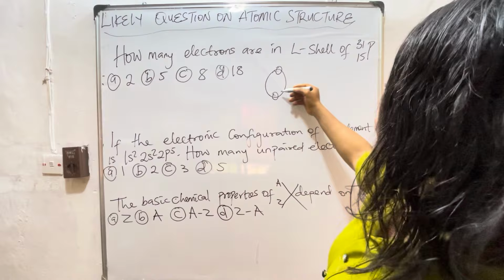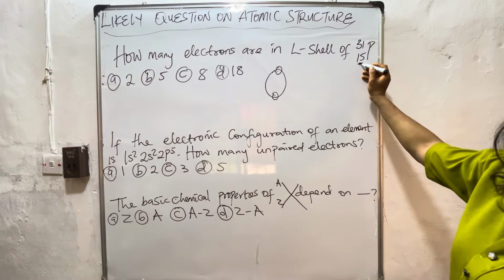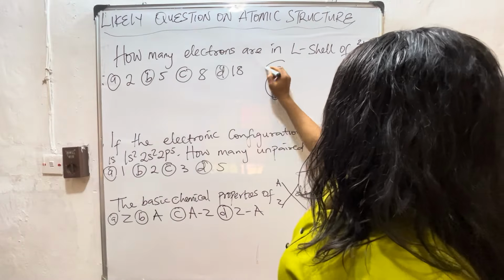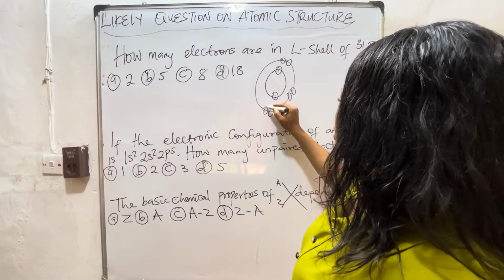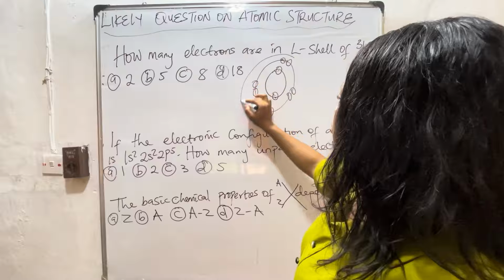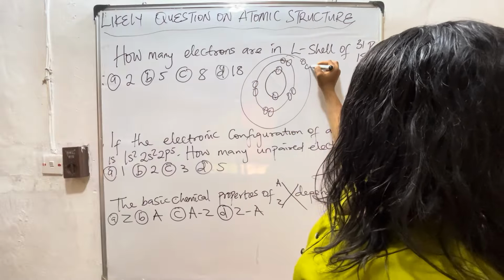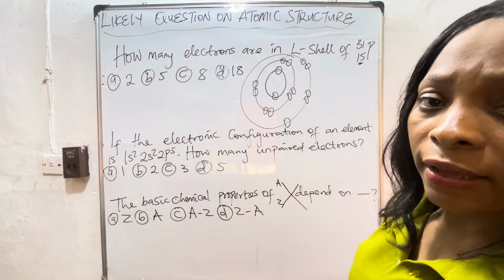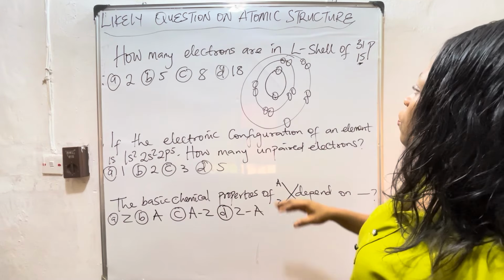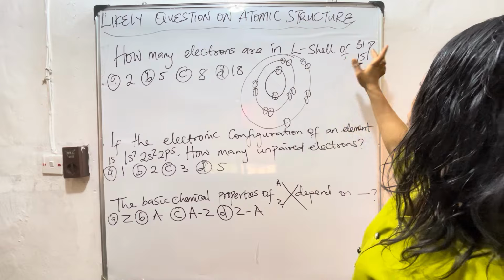So this is 1, 2. Remember, the atomic number is what? 15. 1, 2, 3, 4, 5, 6, 7, 8, 9, 10, 11, 12, 13, 14, 15. Are we together? Good.